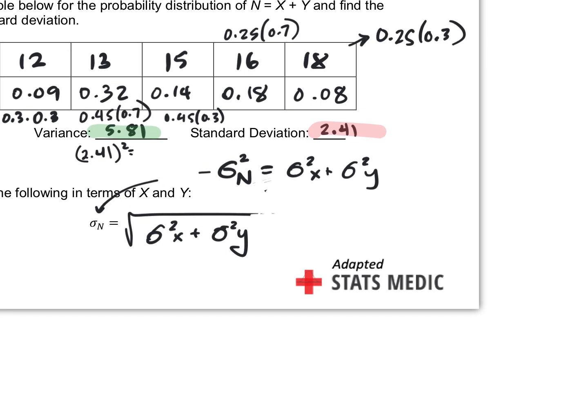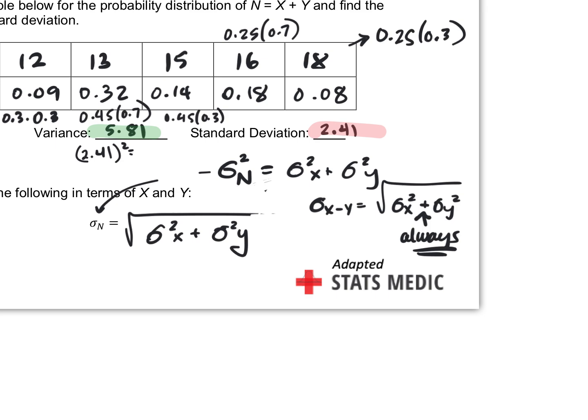If for some reason you ran into a scenario where it was, what's the standard deviation of x minus y? Guess what? This does not change. The variance of x plus the variance of y, square rooted. It's always a plus sign right here. Even if the two things are being subtracted, it's always a plus sign in there. Just like Pythagorean theorem is always a plus sign.